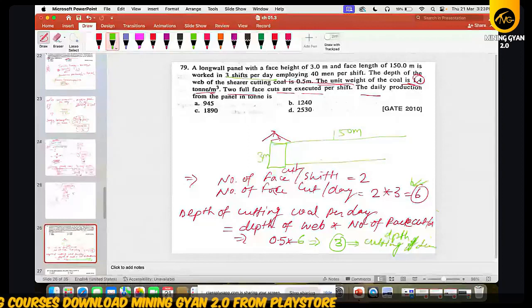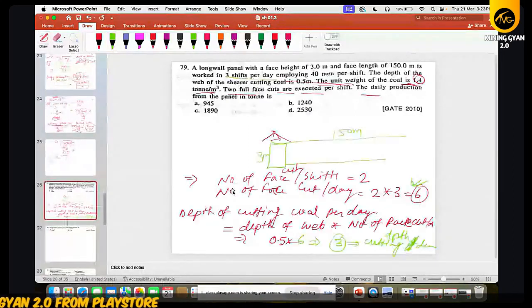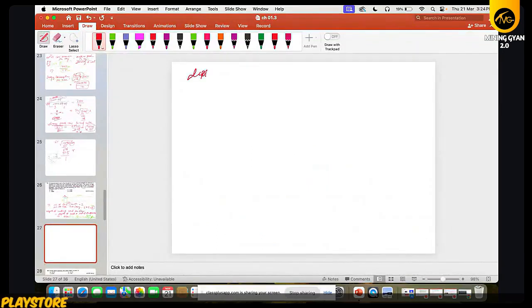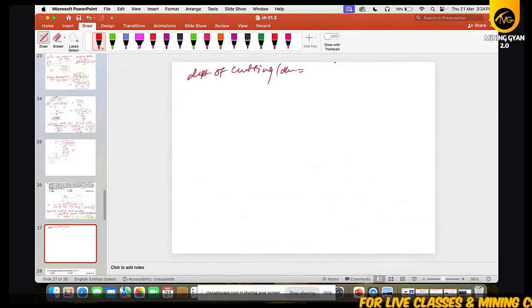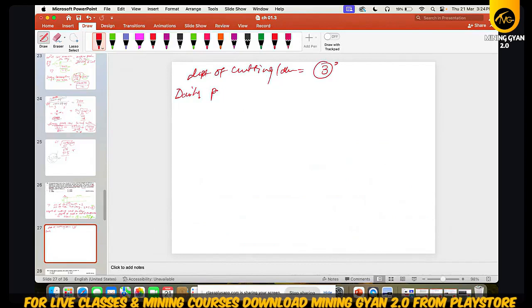Okay, we have already calculated the depth of cutting per day. What was the value? 3. Now we have to find out the daily production.